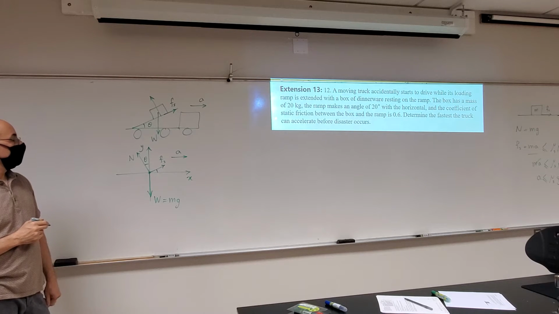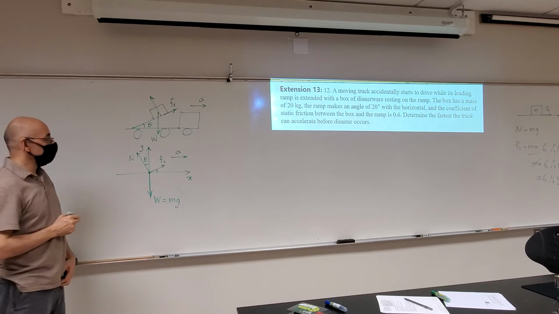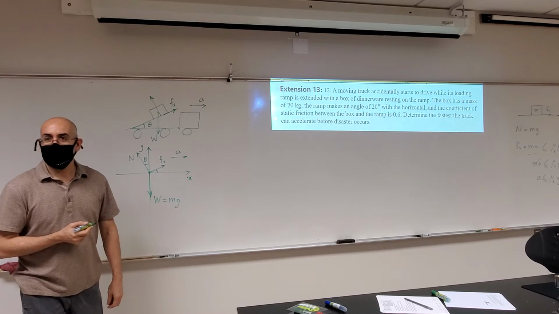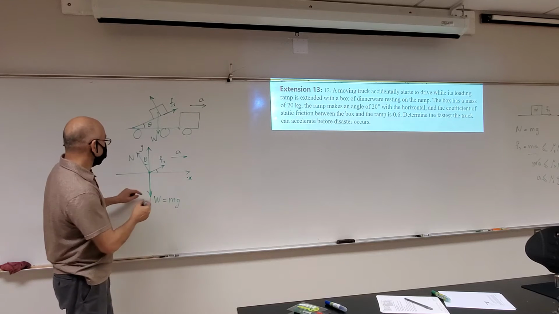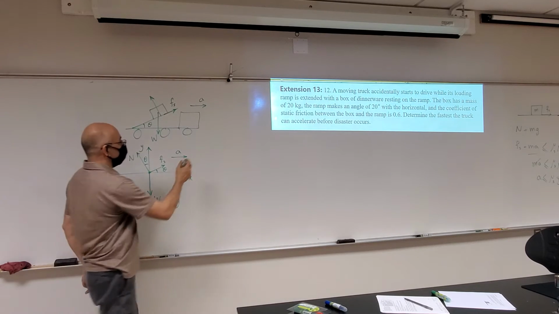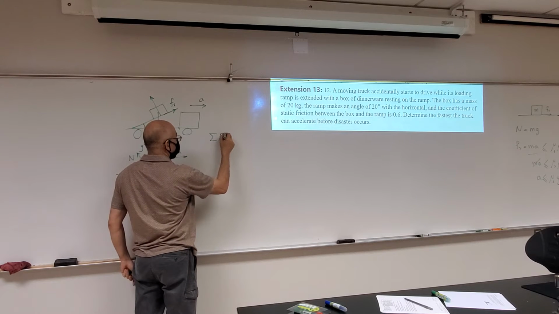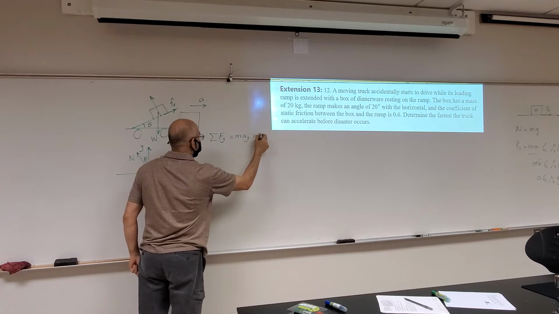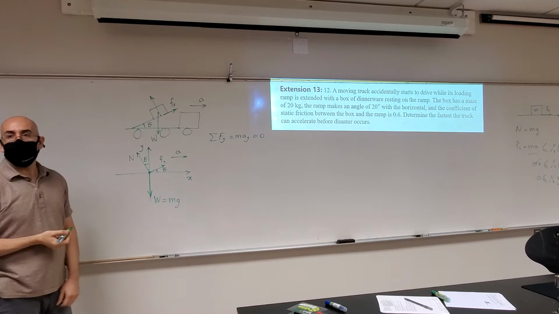All right. So let's apply Newton's law and see what we get. I haven't done this before. So this is theta. What are the y components? Sum of Fy equals m ay, and ay is 0, so we get 0.